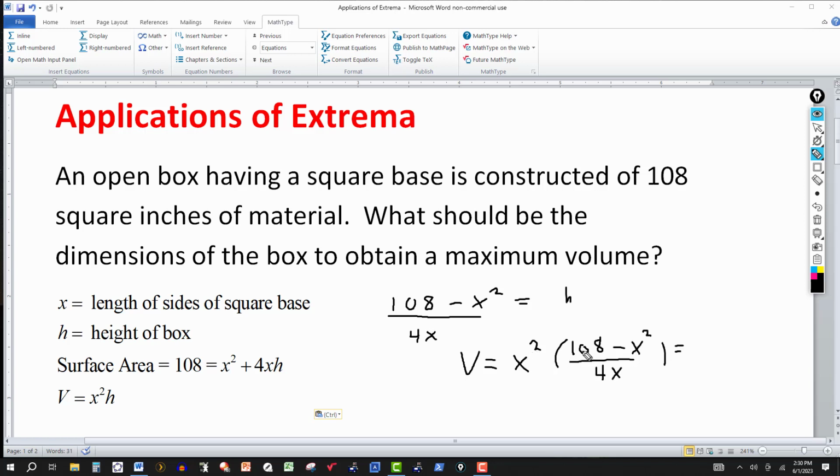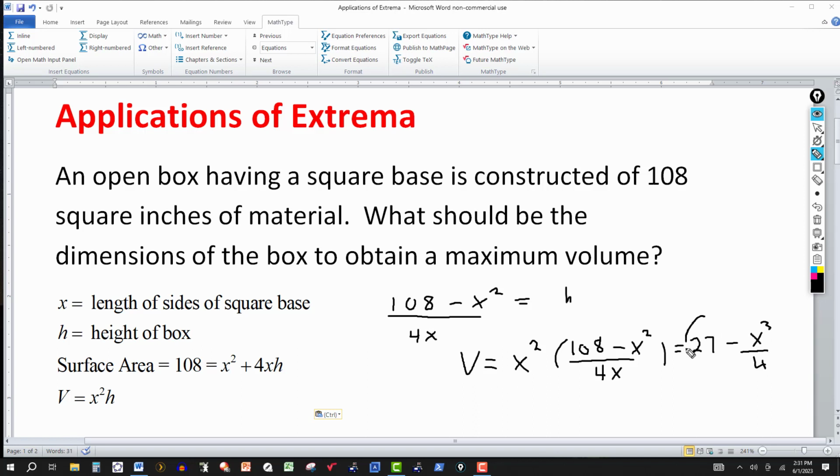So if I multiply this first expression, 108, by x squared, and then divide by 4x, that'll reduce the x squared to x. And then 4 into 108 will give me 27x. And then multiply the next one again. One factor of x cancels, so I'm going to get a minus x cubed over 4.